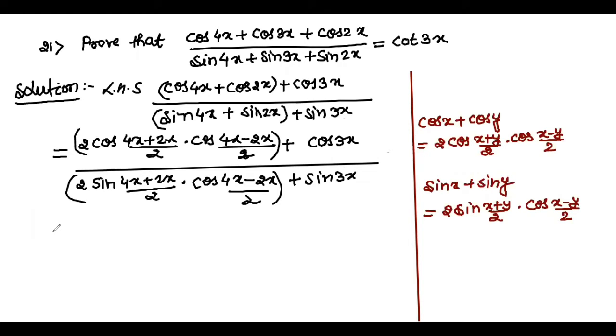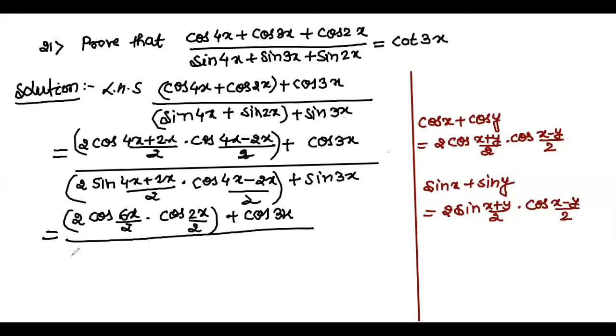So we'll calculate it. 2 cos(6x by 2) into cos(2x by 2) plus cos 3x, divided by 2 sin(6x by 2) into cos(2x by 2) plus sin 3x. Now we can solve it.